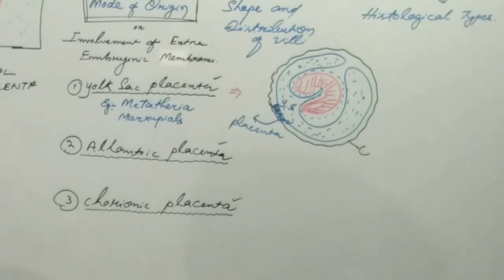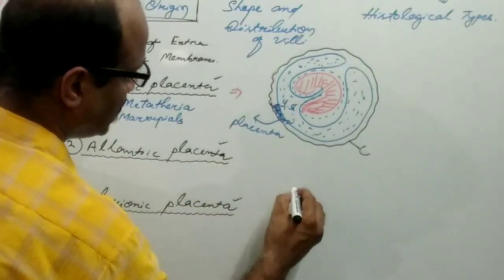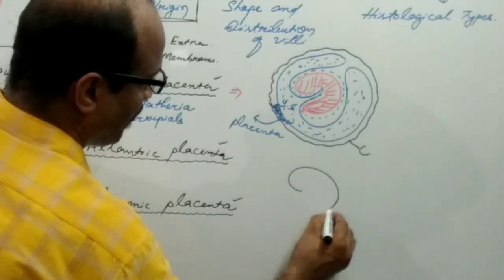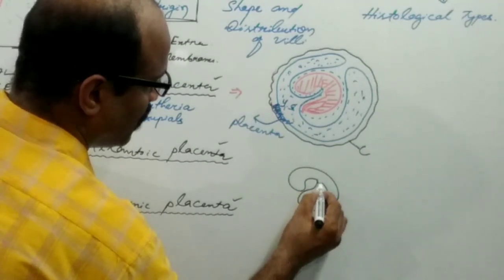Now come to the allantoic placenta. Here the same event happens, but the yolk sac becomes rudimentary.